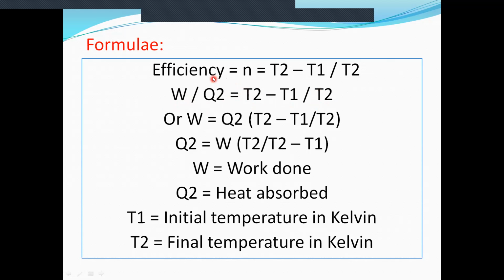The first formula is used for calculating the efficiency: final temperature is given, initial temperature is given, and we have to calculate the efficiency as T2 minus T1 upon T2. And the second formula, W upon Q2 is equal to T2 minus T1 upon T2.